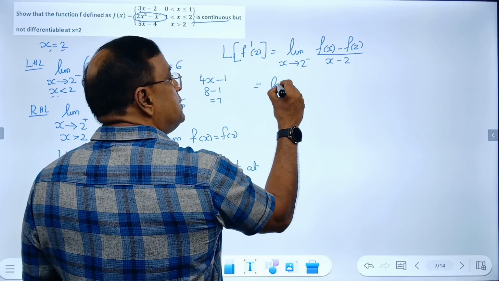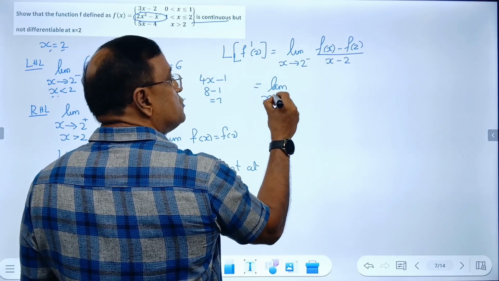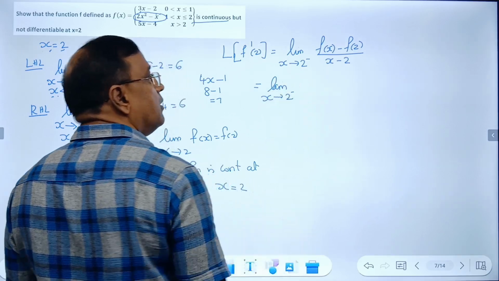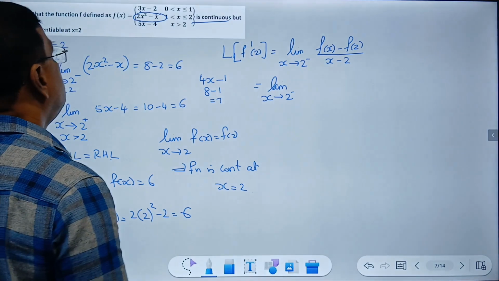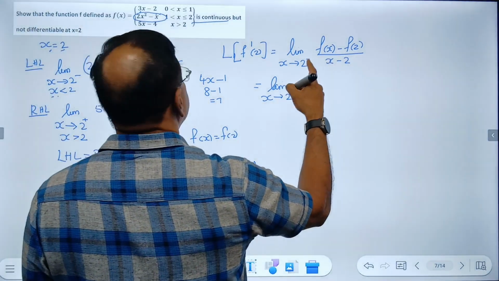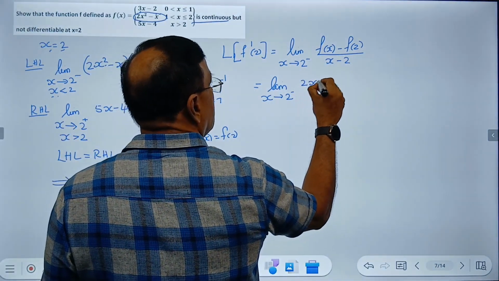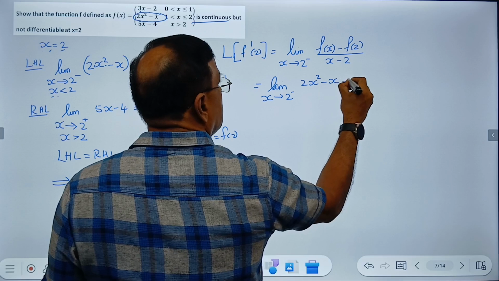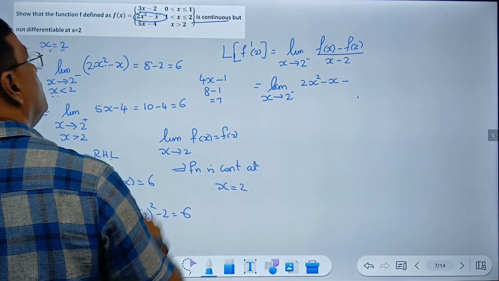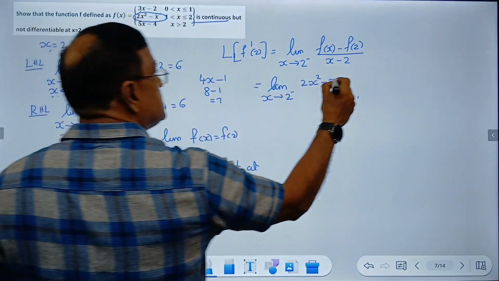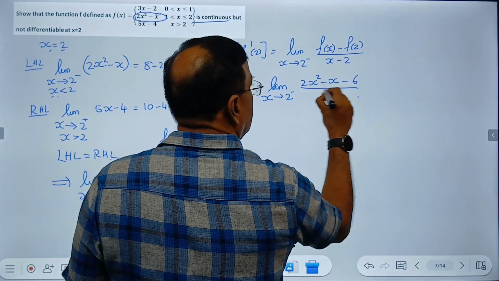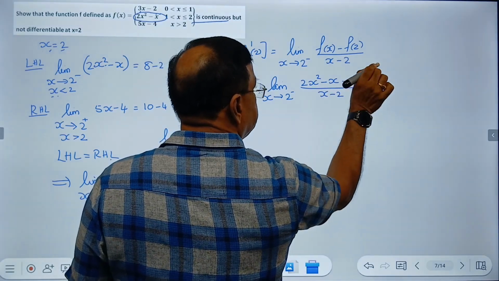So this is limit x approaches 2 minus. What is f of x? My f of x, since it is less than 2, it is 2x square minus x. And what is f of 2? When you put x is 2, I am getting it as 6, divided by x minus 2.